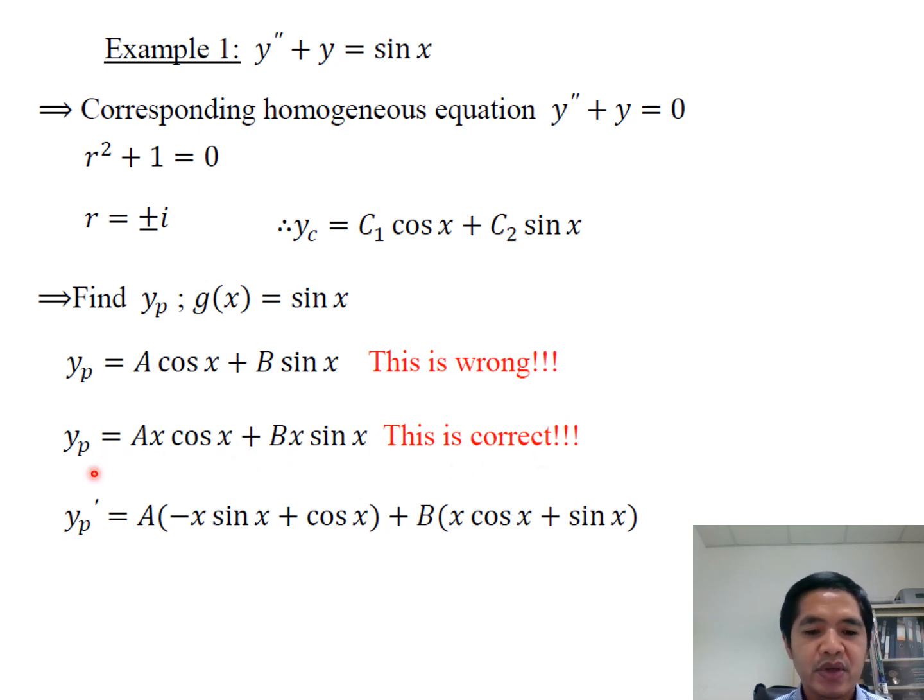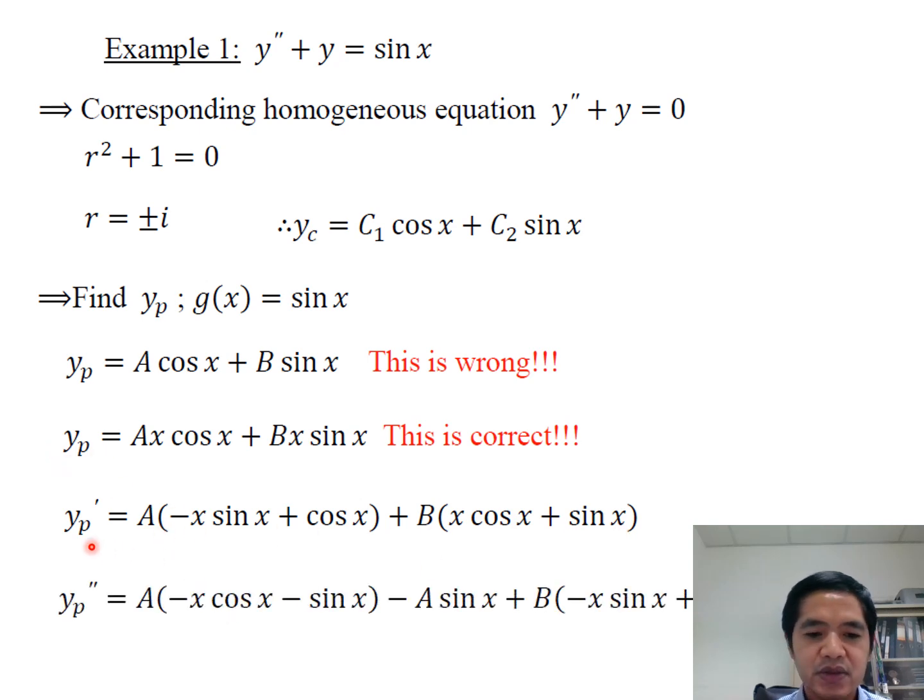So then you do the first derivative of this yp. You're going to get this form, and then also do the second derivative of yp. You do the first derivative, you get this, and you do the second derivative just like you do the derivative of this form, and you're going to get this one.